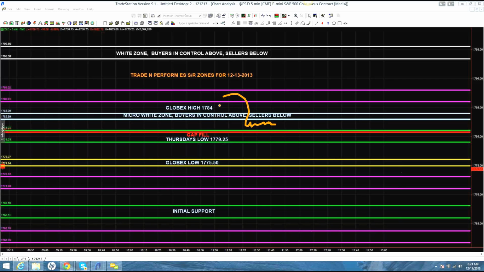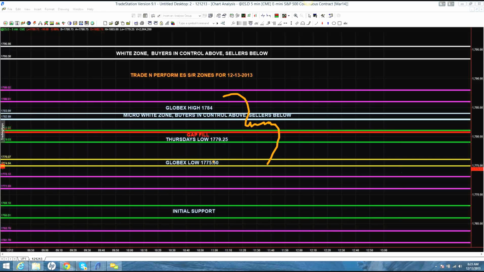I would assume that either that was short covering that drove it up or late buyers chased in and would now be trapped. And that would generally take us to the other end of the range, which at this point I would consider the Globex lows, which would push us down to 1775.50.